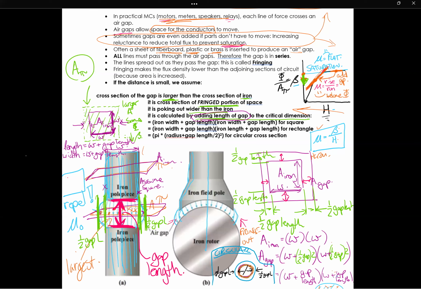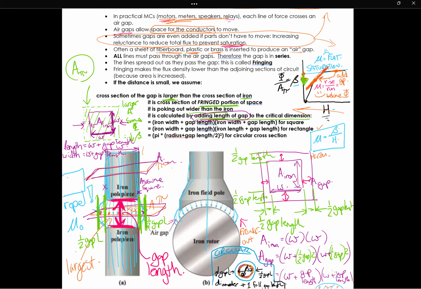So then the diameter has to add 1 full gap length in order to calculate the cross-sectional area of the part that has the fringing.